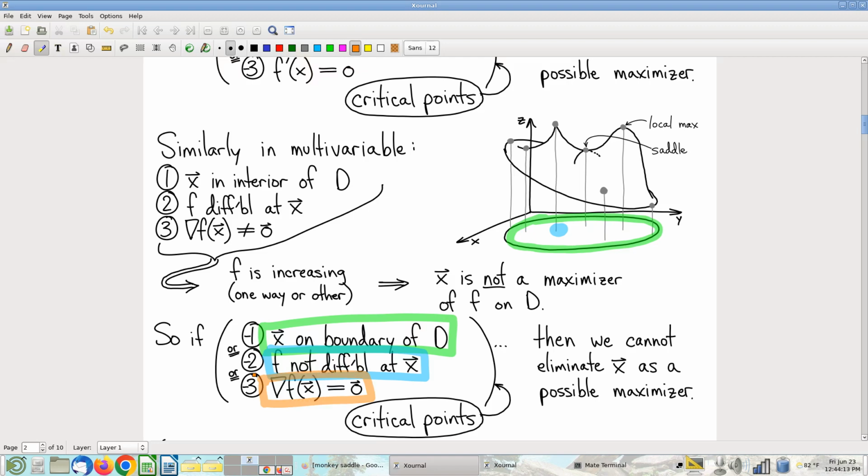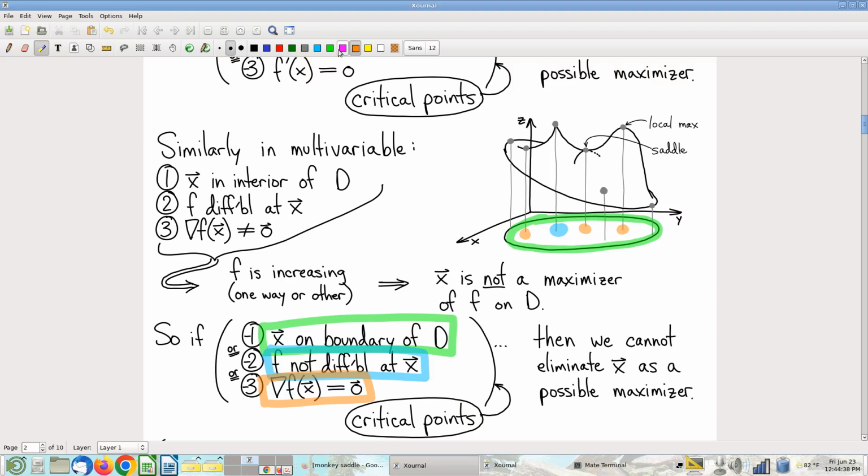If the gradient's zero, again, it's not pointing in a direction of the function increasing, because it's not pointing in any direction at all. It's the zero vector. And so that point, and that point, and that point. So green, blue, and orange, I can't eliminate any of those points.